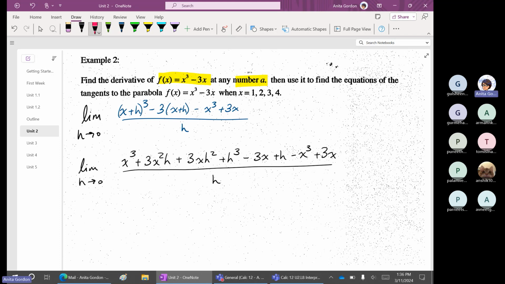Things get very ugly very quickly, but then they simplify down to nice little cute equations. So x cubed gone. Minus 3x plus 3x gone. Everything else has an h in it, so I can reduce by a degree of 1.